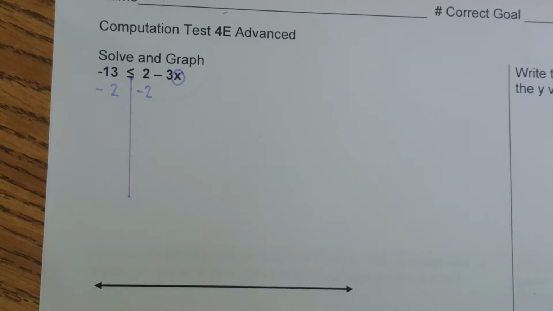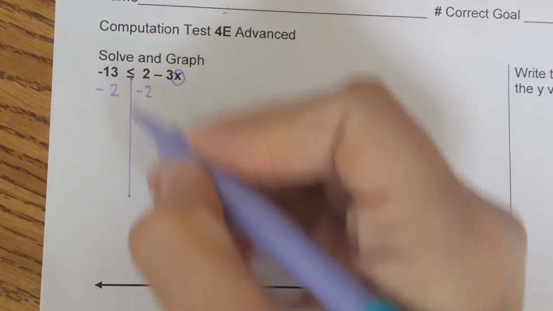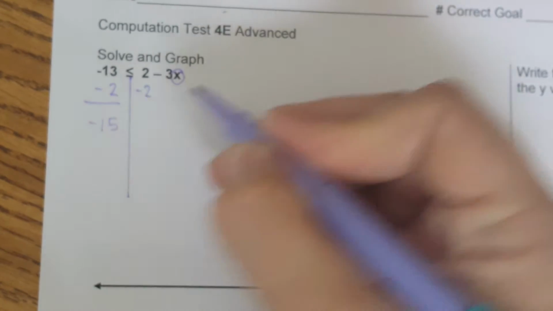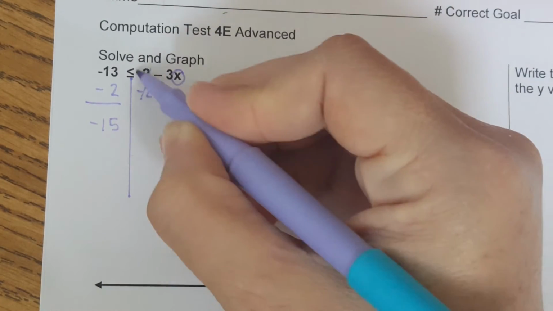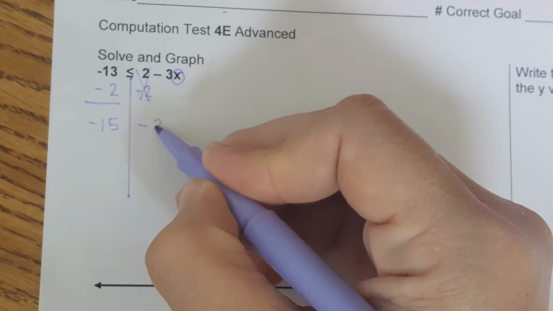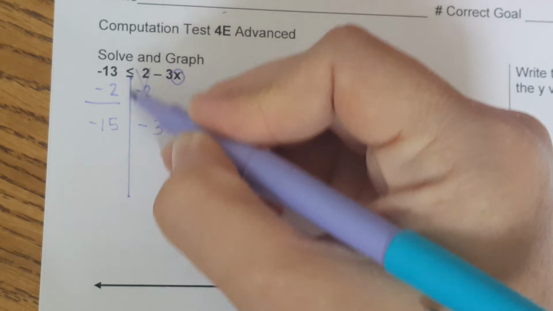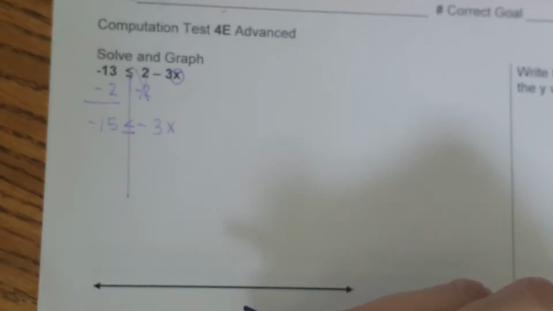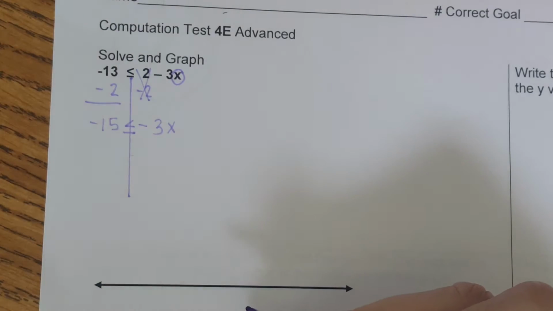When we subtract 2, over here, negative 13 minus 2 gives us a negative 15. The 2 minus 2 cancel each other out, and so we have negative 3x's left over on this side. We haven't done anything to affect that less than or equal to symbol, so we're going to leave it alone.